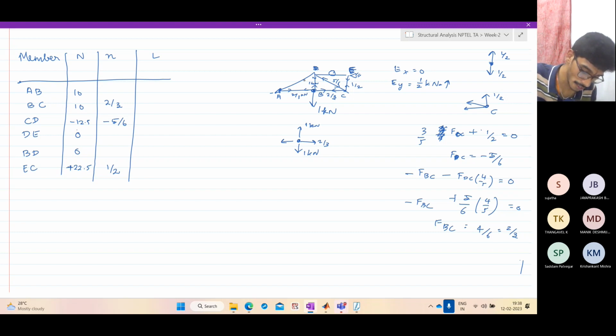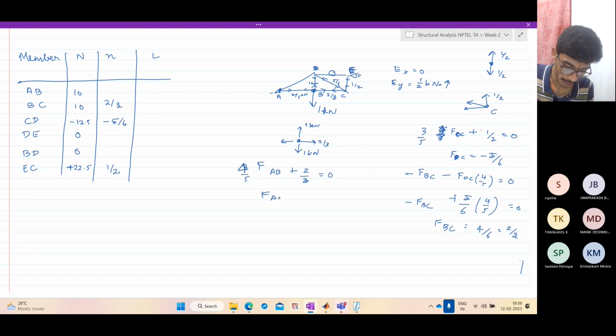So if this is 2/3, what is AB? You can check, right? Since you have this unknown reaction, if this is half, this should also be half. So FAB into, not 3/5, 4/5. The horizontal component FAB into 4/5 plus 2/3 is equal to 0.